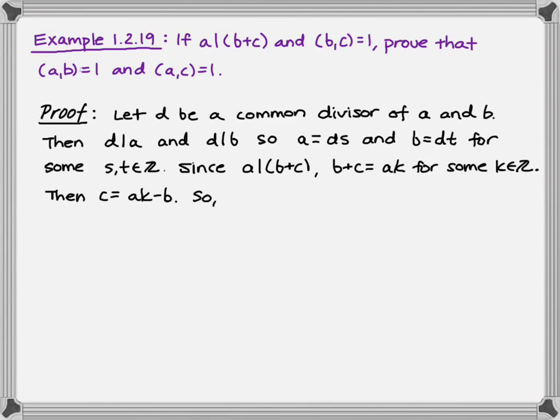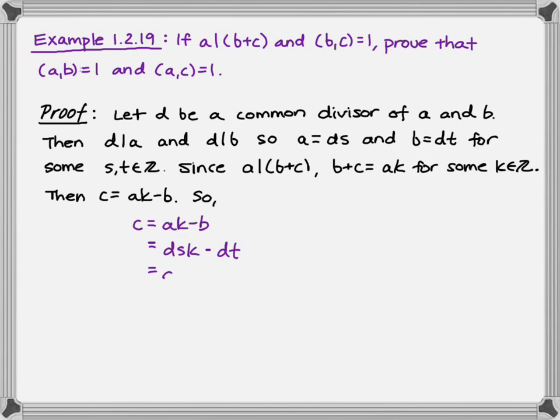So we have the following. We have that C is equal to AK minus B. If we substitute for A here, we're going to get that DS times K, and then if we subtract B and substitute for B, we'll have a DT. So substituting, we get AK minus B is equal to DSK minus DT.